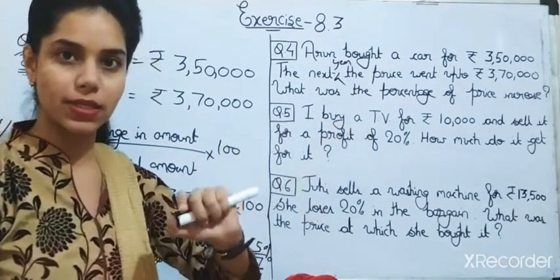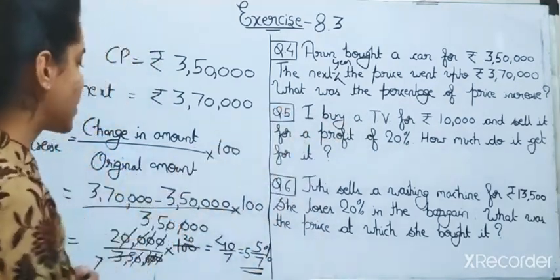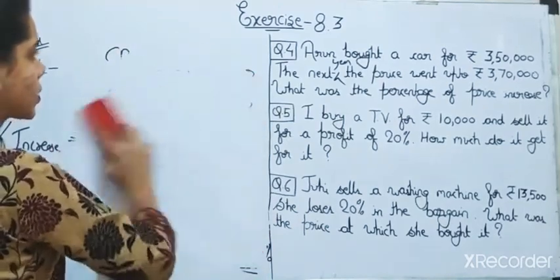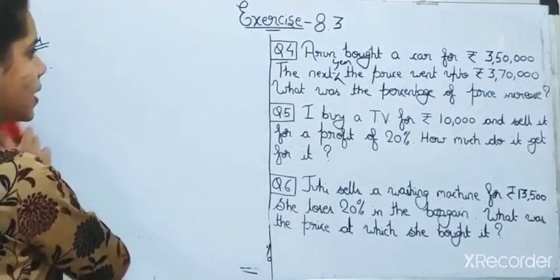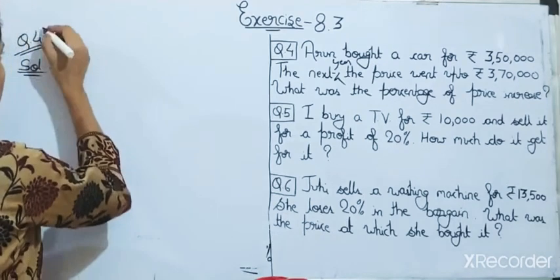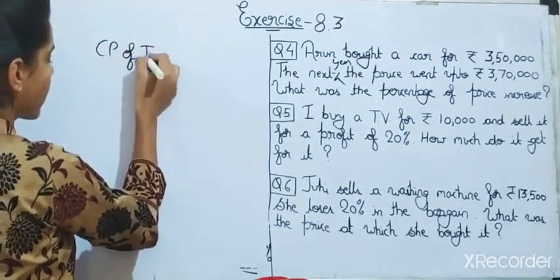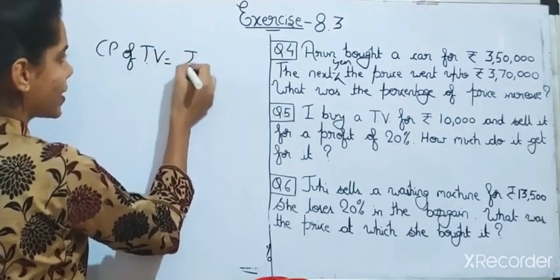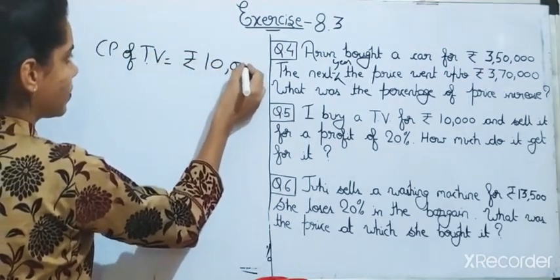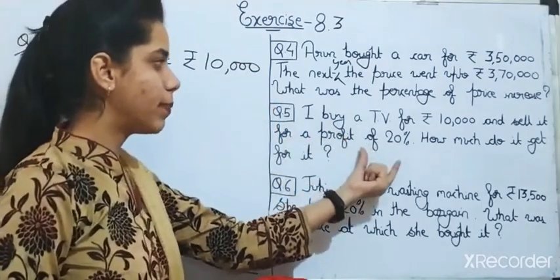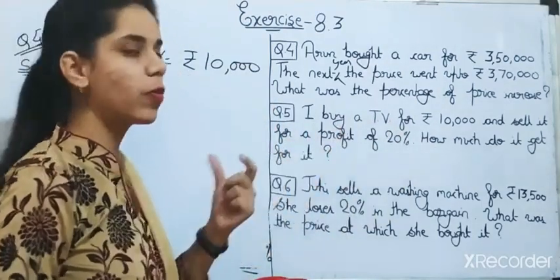profit of 20%. Now its cost price is given, means I purchased a TV and its cost was rupees 10,000. So what will be the CP for the TV? CP of the TV is 10,000 rupees. And I sell it for a profit of 20%. How much do I get for it?